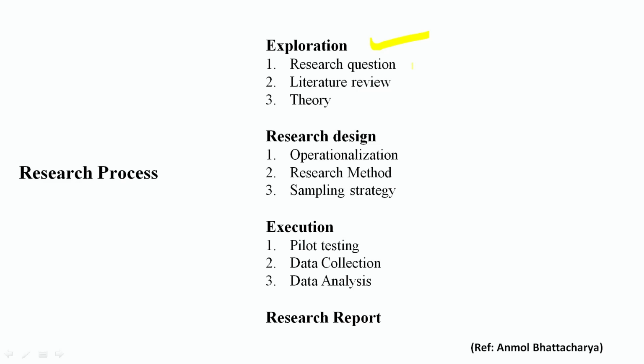So, the first thing is you should have a proper research question, and the second phase is literature review. You will be going through the research literature to clarify the areas and also identify the research gap.